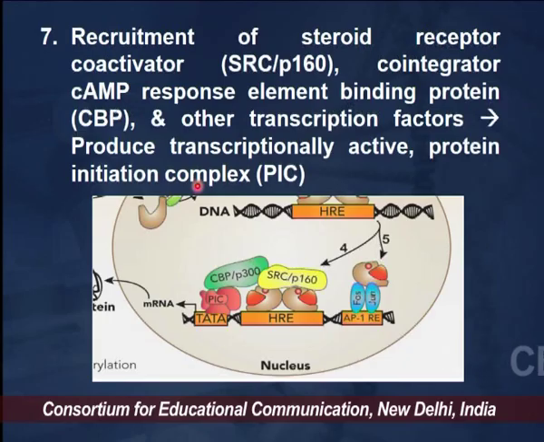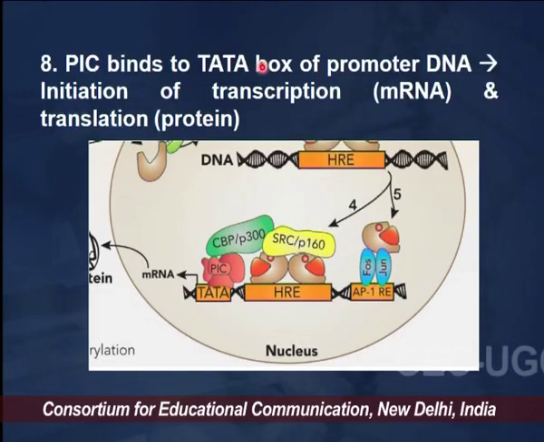If you study cell and molecular biology, you will get to know that this complex is the initial point from where transcription will start. So now the PIC will bind to the TATA box of the promoter DNA, which will cause the initiation of transcription of the target gene, and thereafter the target protein gets formed.